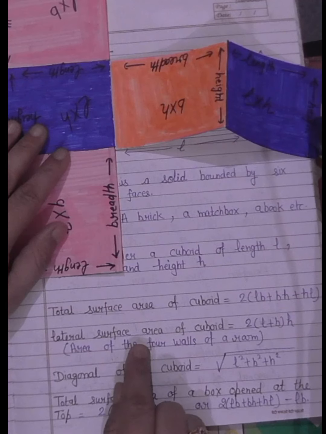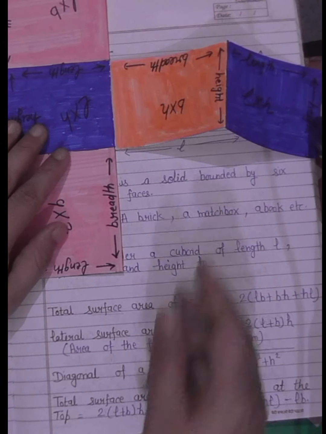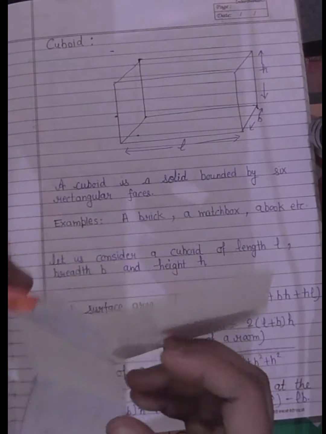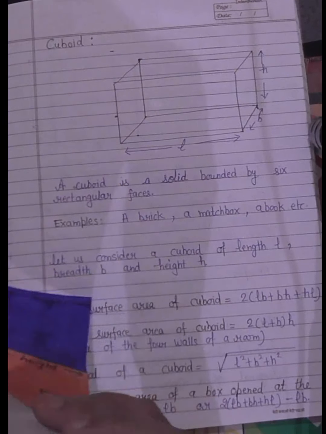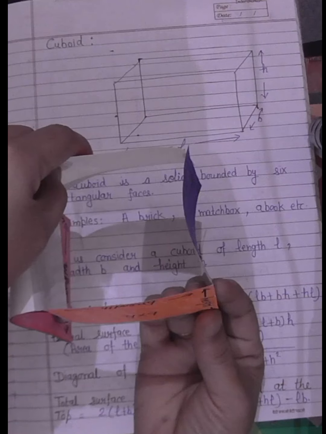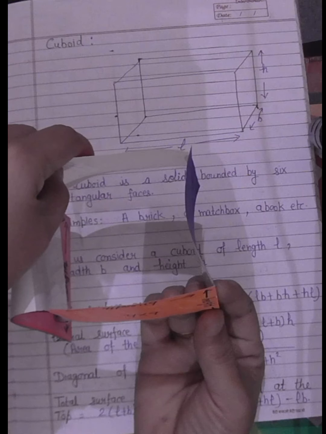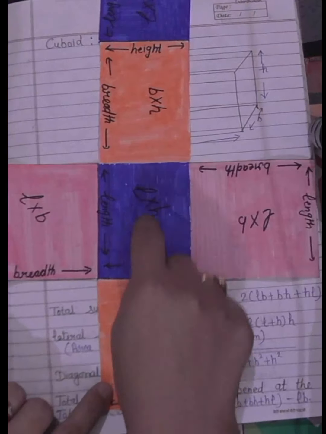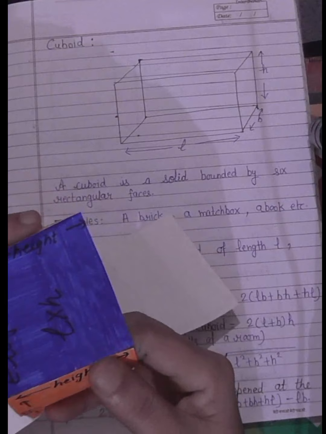Now lateral surface area means area of 4 walls. Consider if I am taking the base and the top out, then the remaining figure will be called the lateral surface area, and in this only 1, 2, 3, 4 faces will come like this.